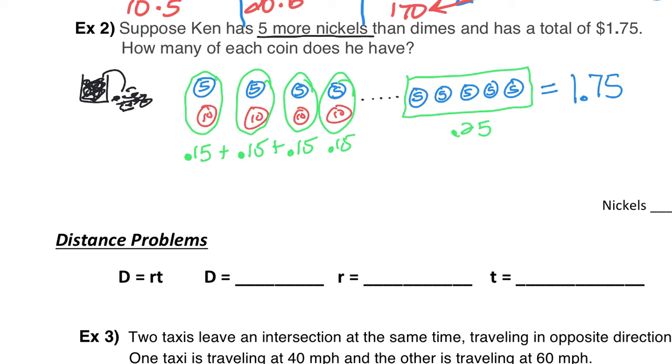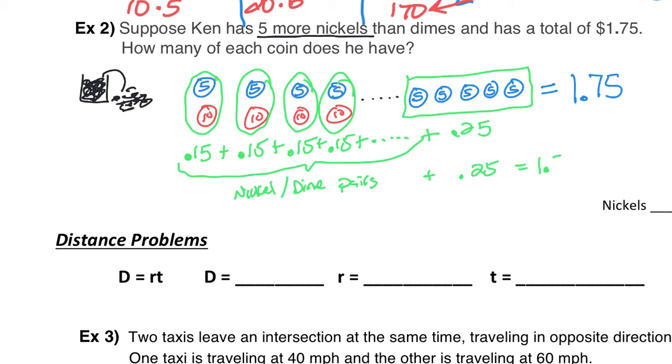Now I'm adding these all together. I don't know how many more pairs there will be. But I do know that when I add up all the pairs of nickels and dimes, plus just the plain nickels, again, that total has to be $1.75.